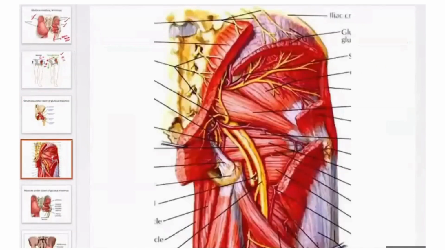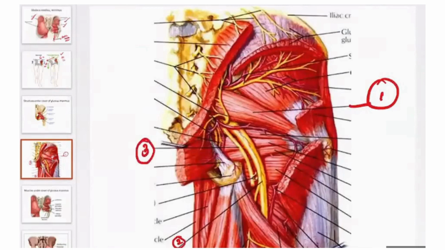I said the key muscle is piriformis, and this is the sciatic nerve, the posterior cutaneous nerve of thigh, and this is the superior gluteal artery and superior gluteal nerve.